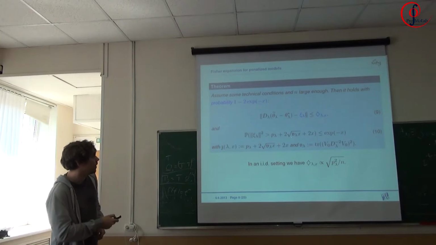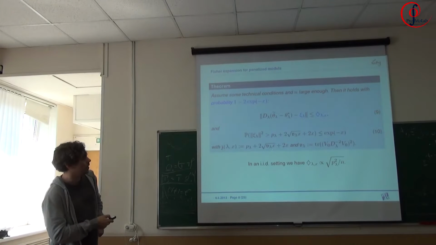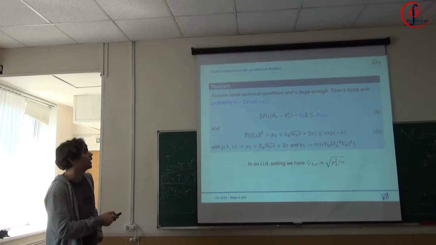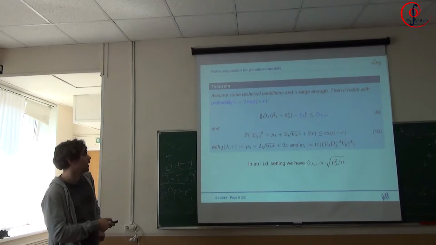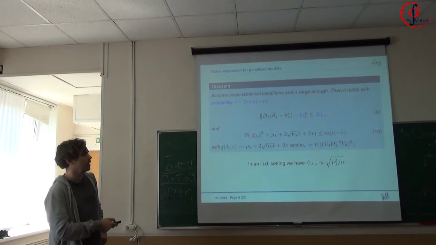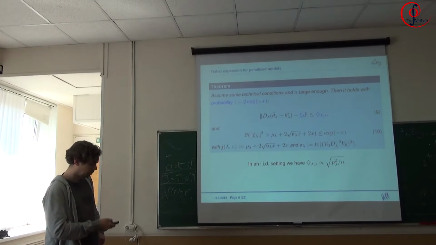We define this as p lambda plus this middle term plus this 2x. So we have here the effective dimension appearing, and here something like the variance of this quadratic form. To give you an idea, we already saw that this diamond term, if you have a nice IID setting, scales like this with the effective dimension n.